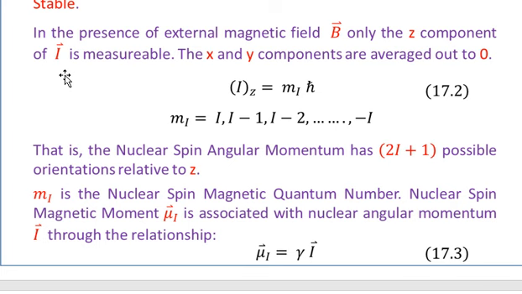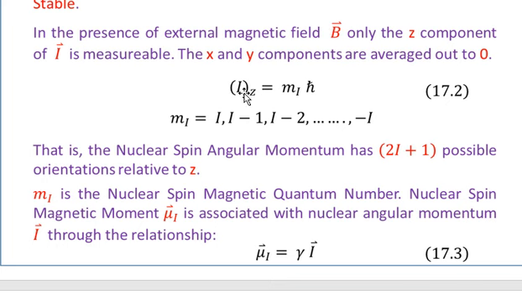And out of these three components, the two components which we call as the X and Y components, or more precisely, IX and IY components, are averaged to zero. And only one component, which is the Z component, which is along the direction of the magnetic field B, will be measurable. So you see that the Z direction or the direction of the magnetic field are the same in this case.